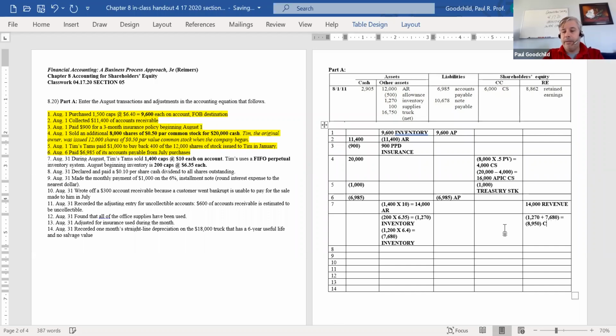I can spell that out, I got enough room here. Okay. So any questions on the first 7 transactions?